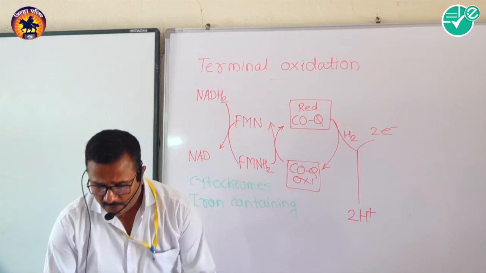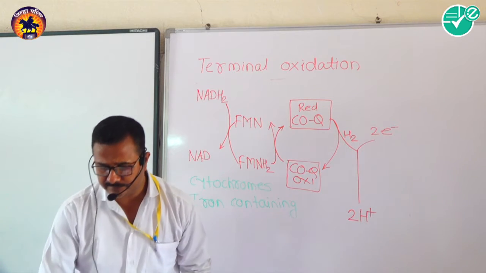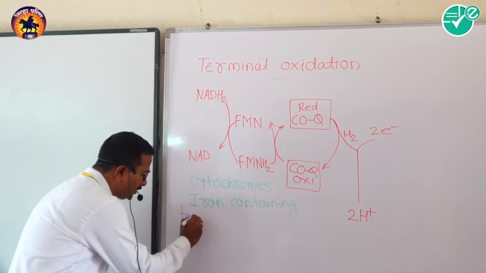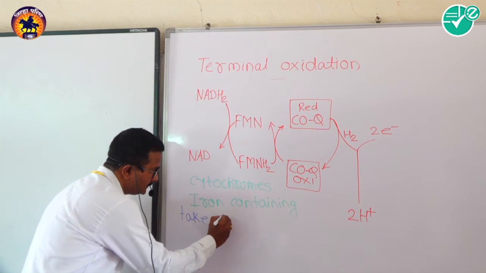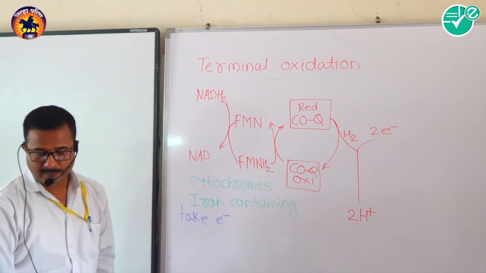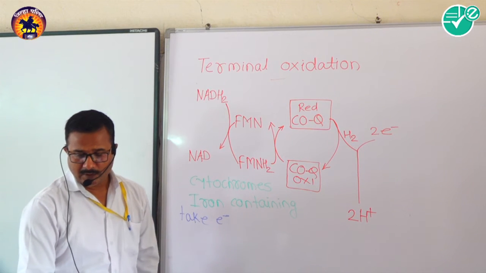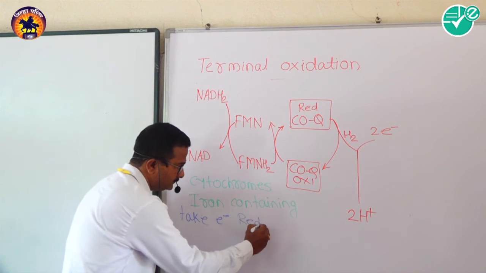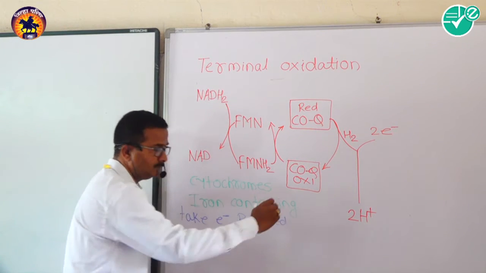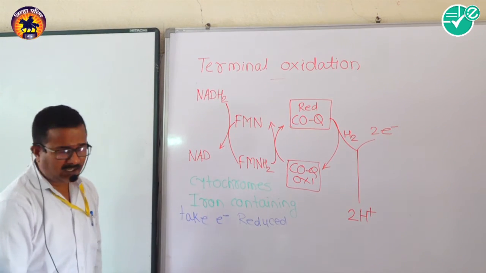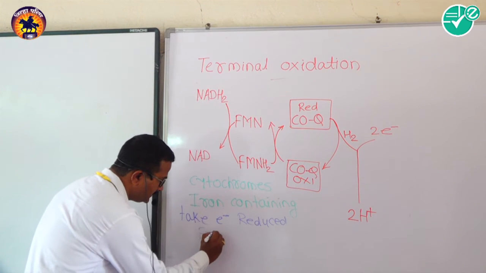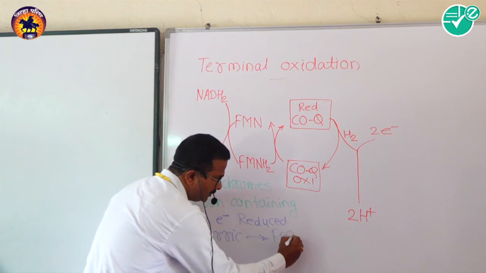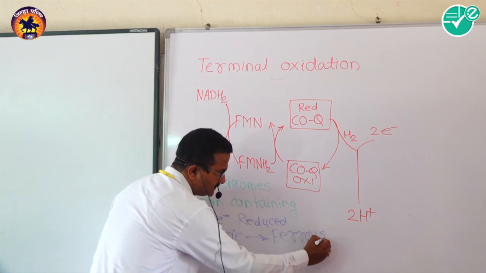So when these cytochromes take the electrons, they get reduced, meaning this iron containing substance ferric gets converted into the ferrous.